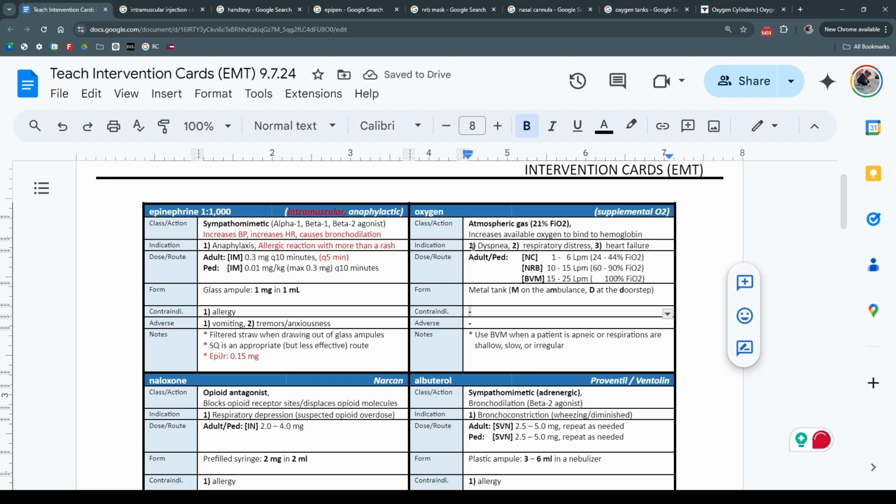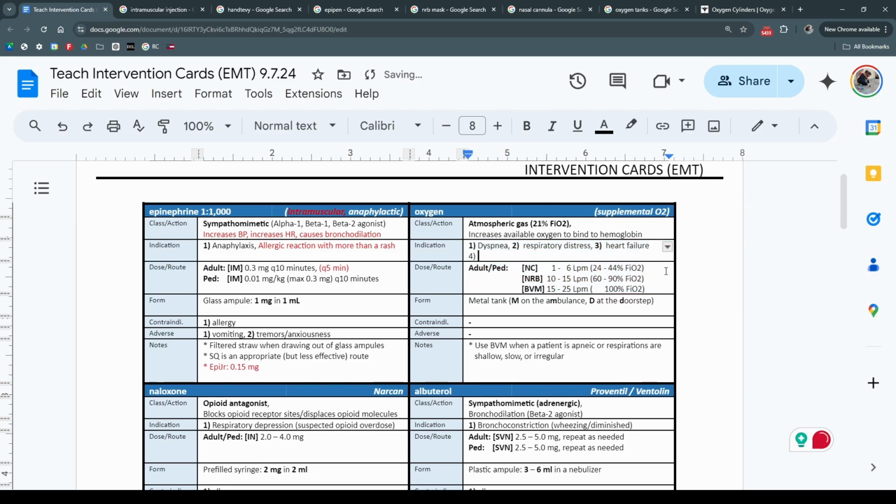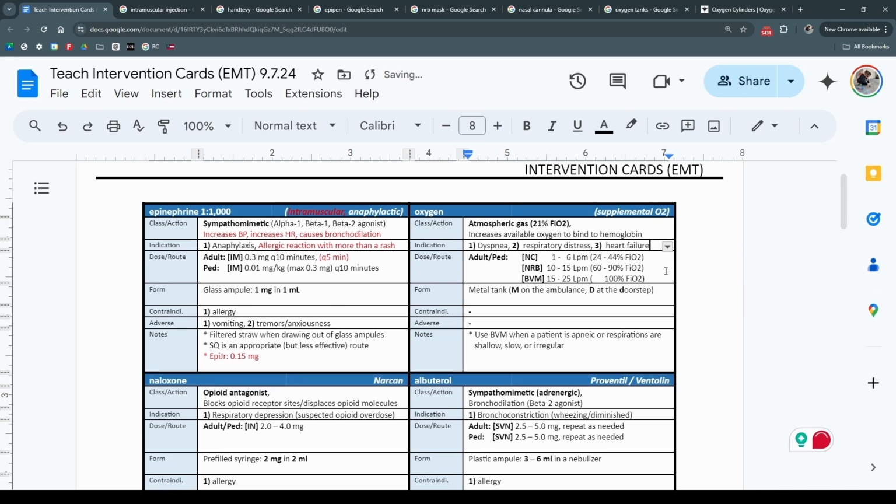It's worth noting that the indication isn't simply an SpO2. It used to be this simple: an SpO2 of less than 95%. I don't say that anymore. We have to use our noggin.